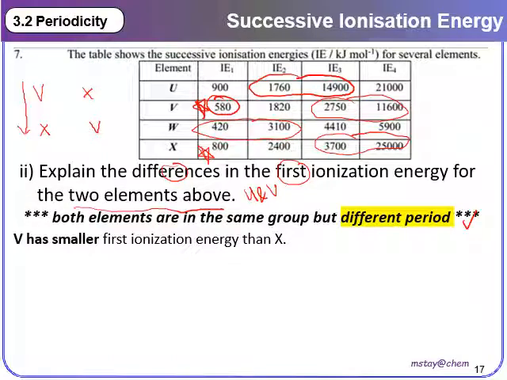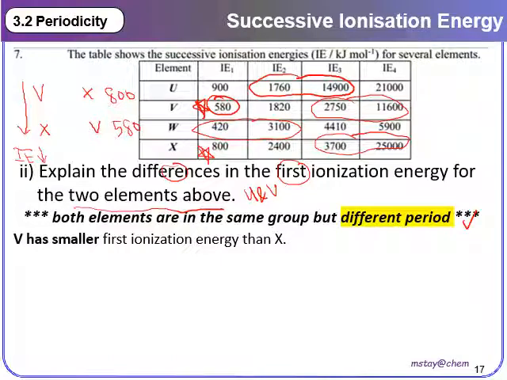In general, we know that IE decreases. So in this case, V is smaller: V is 550 kilojoules while X is 800 kilojoules.